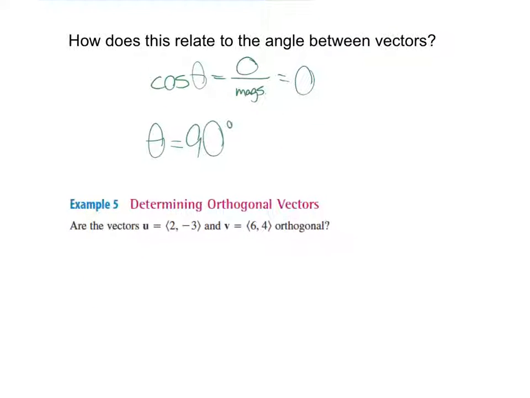Just to see this once here, notice these vectors don't look any special, but when you do the dot product, 2 times 6 is 12, negative 3 times 4 is minus 12, 12 minus 12 is 0. Okay? So that's it.